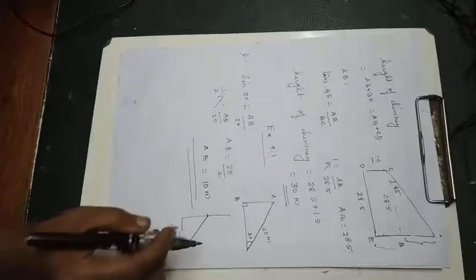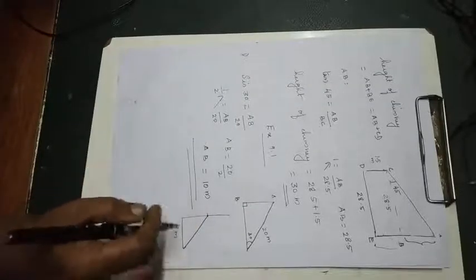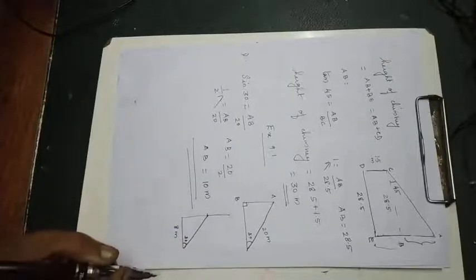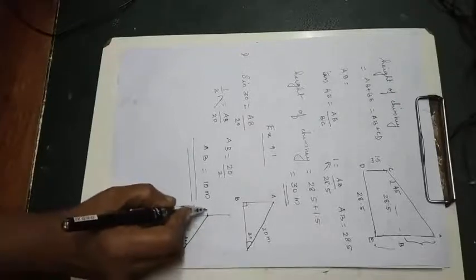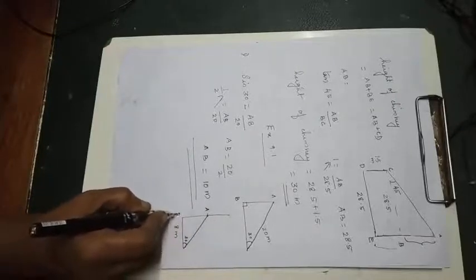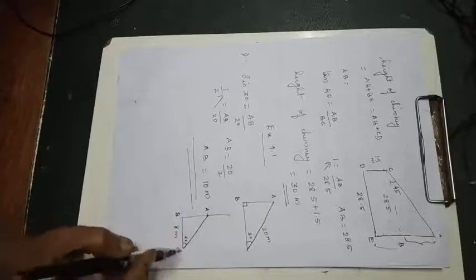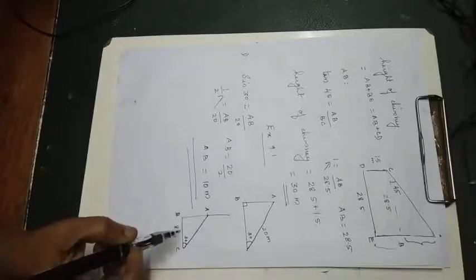So let us take that one. Angle made is 30 degrees. Now what is the height of the tree? Let us take ABC. The height of the tree will be AB plus AC.